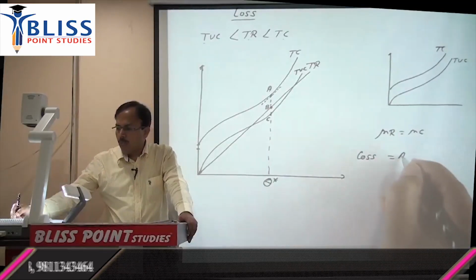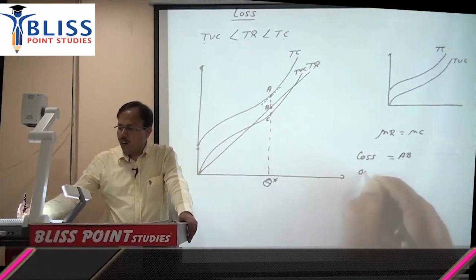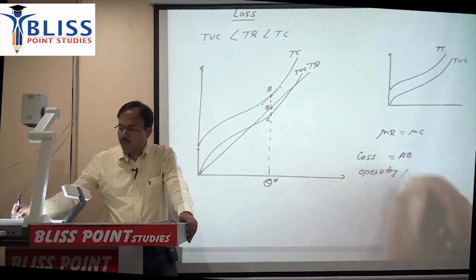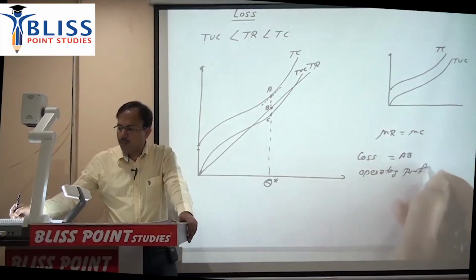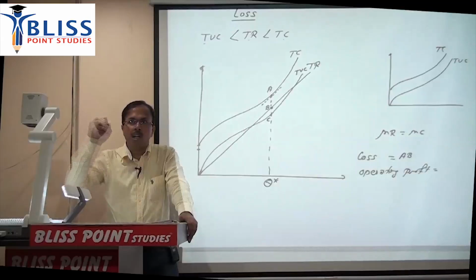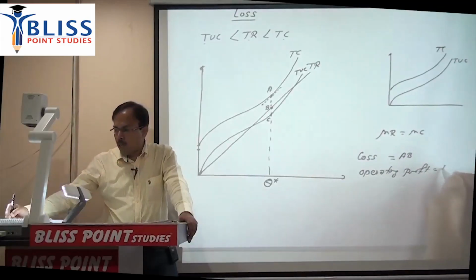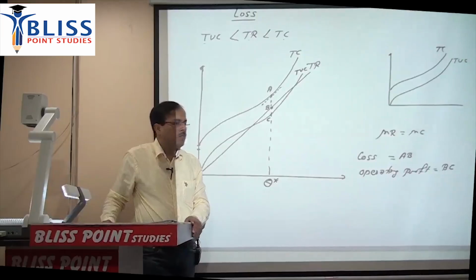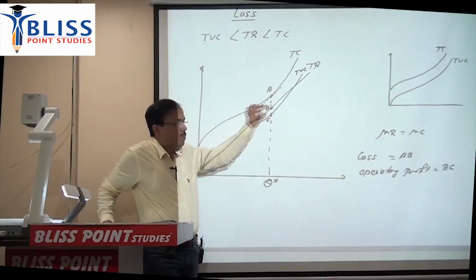Loss is AB, and within loss firm is operating, because firm is having operating profit. And how much is that operating profit? Operating profit is that distance BC, this length.